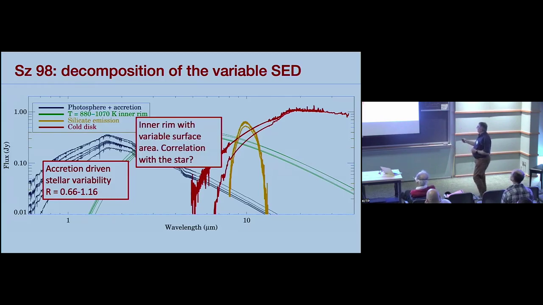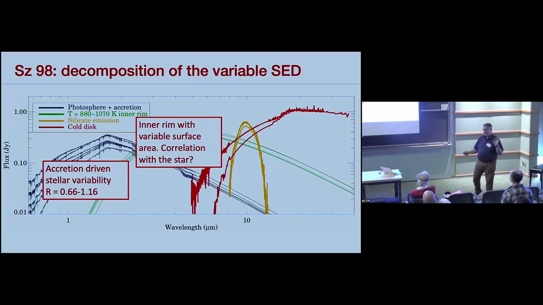We have still a remaining part, the outer part, which is the material behind the inner wall. Interestingly, I have to note that up to something like 8 or 9 micron, in this case, this inner rim dominates the emission.